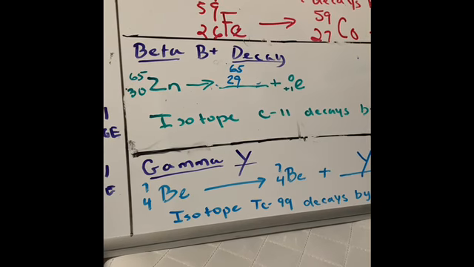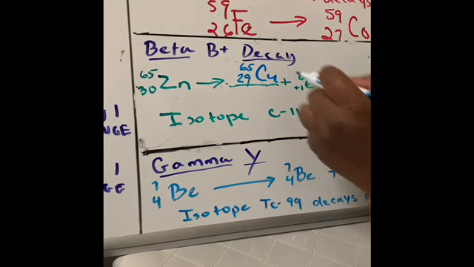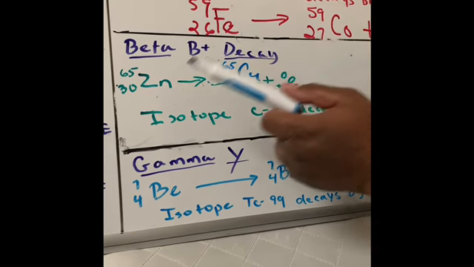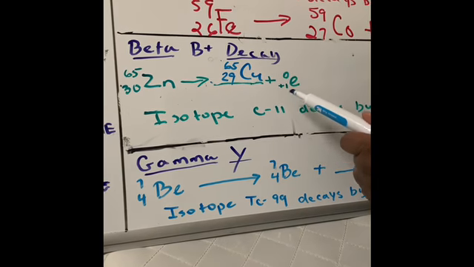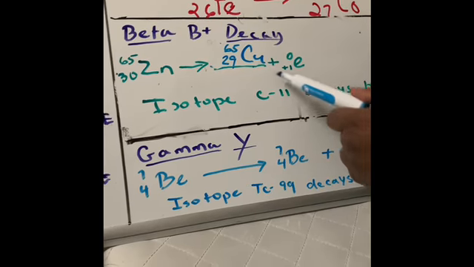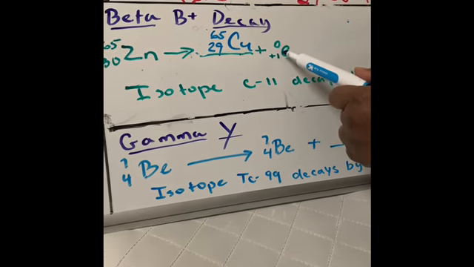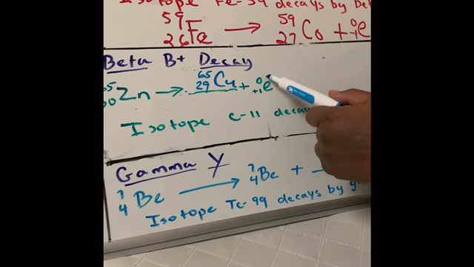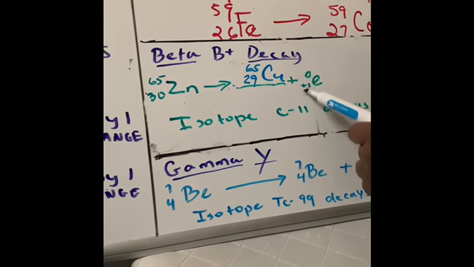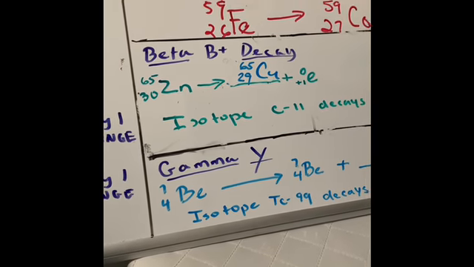And the new element that zinc is turning into is going to be copper. And so again, whenever we're going from one element to another with beta plus decay, you have to indicate that there has been an electron captured. So of course you're going to have the symbol for the electron capture with the 0 representing the fact that there is no change in the atomic mass. But then we have a +1, meaning that we've had an electron that has been added.